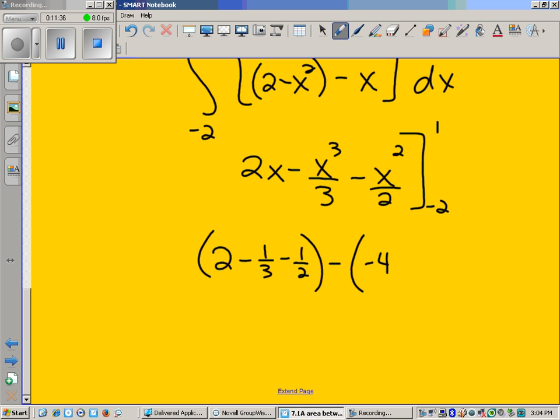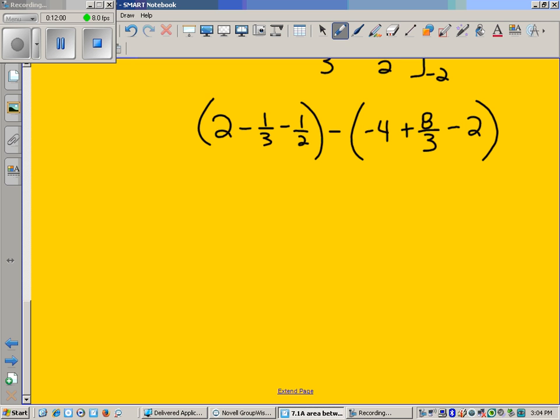Negative 4. If I plug in negative 2 cubed, negative 2 cubed is negative 8, but there's a negative that's already in front, so can I say positive 8/3? Right? Negative 2 cubed is negative 8 with a negative in front makes a positive 8/3. Plug in a negative 2, negative 2 squared is positive 4 with a negative in front, so can I say negative 2?